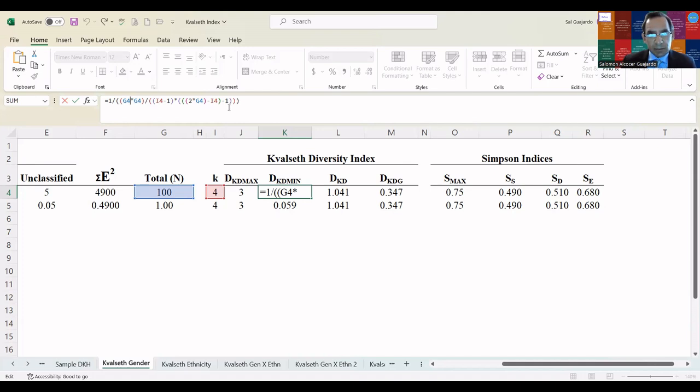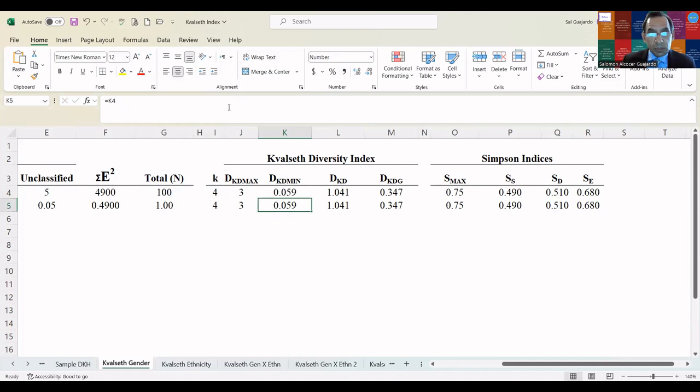Again, that is the inverse of the maximum value that's obtained for the homogeneity index. So that gives me a value of 0.059 as a minimum. So when I divide the odds ratio by the maximum, which is 1.041 divided by 3, that gives me a Kvalseth standardized or evenness score of 0.347.